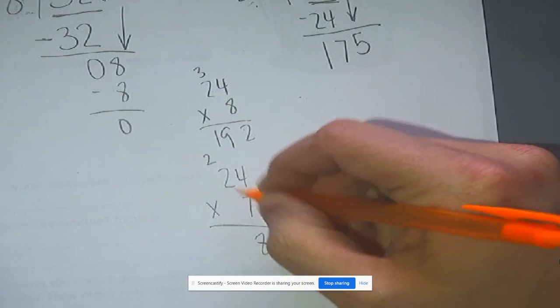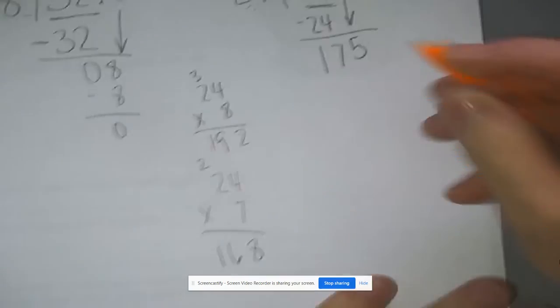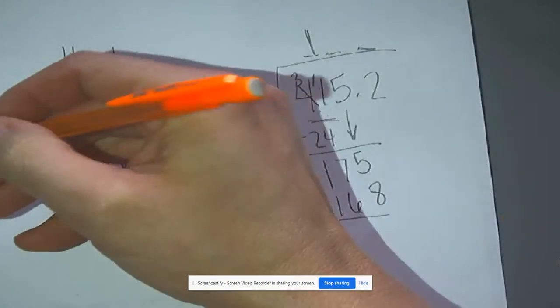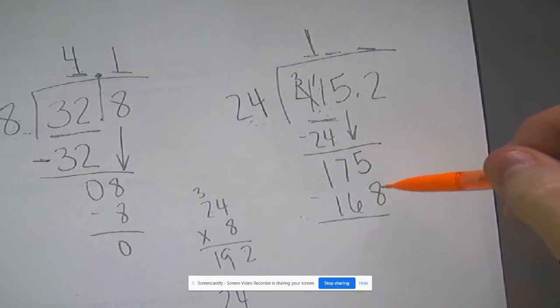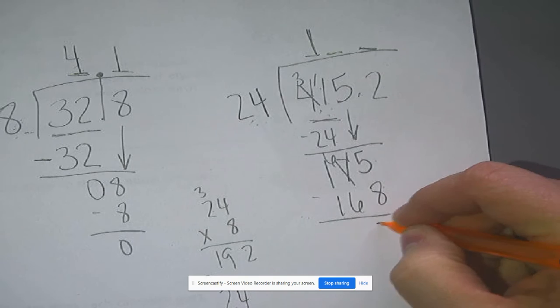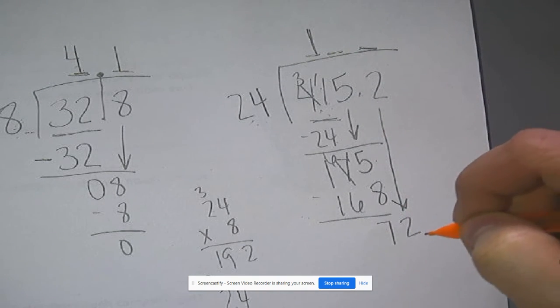Carry the 2. 7 times 2 is 14. Plus 2 is 16. That one works. So 168. Now I subtract. Can I take 8 from 5? I cannot. So 15 minus 8 is 7. Bring down the 2.